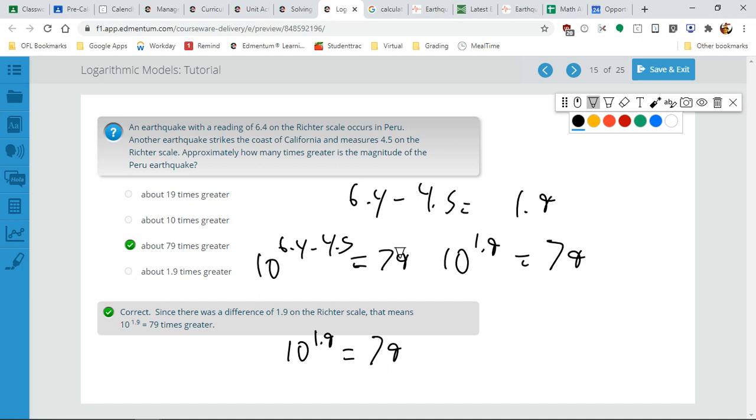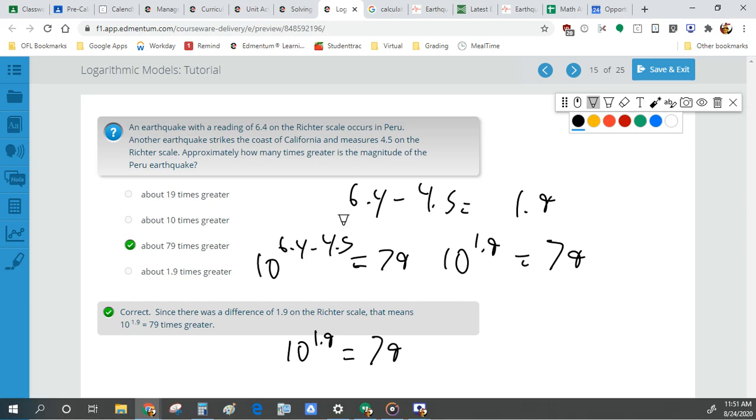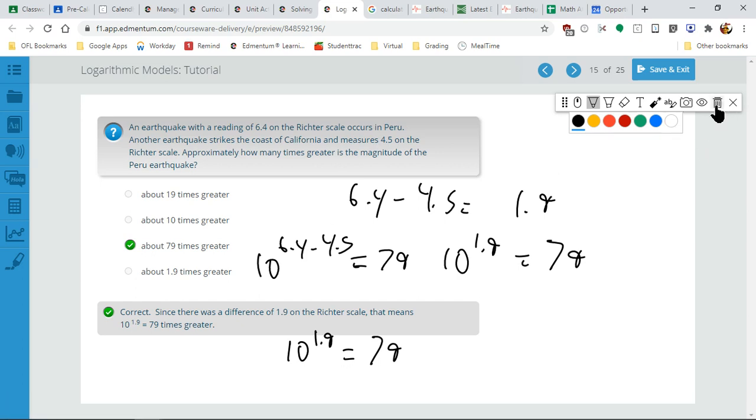So in other words, the only way to figure this out as of right now is literally to subtract and then plug it in. So that's when we're going to get into how to solve for it using logs, log base 10. So the next question is, if I took log of 79, I would end up getting this 10 point whatever.